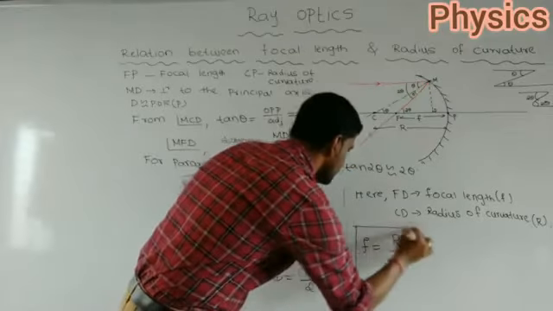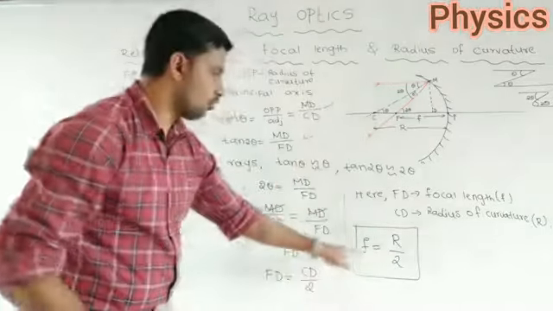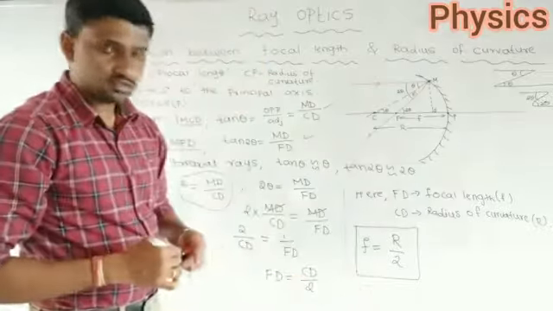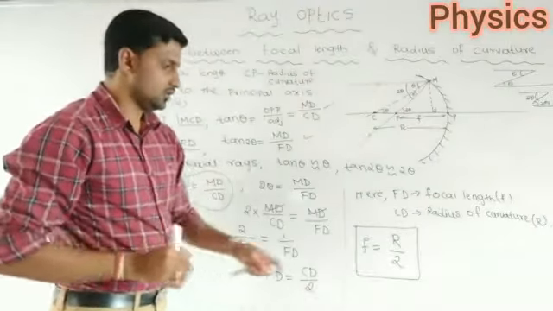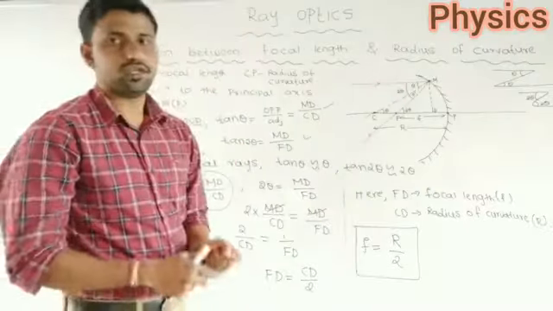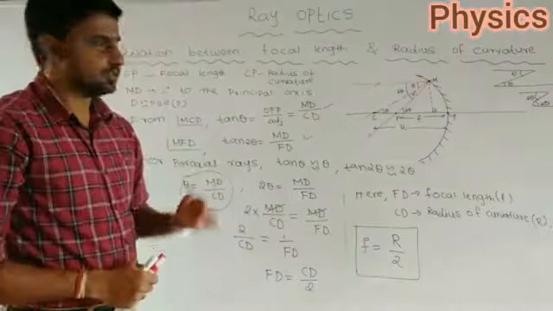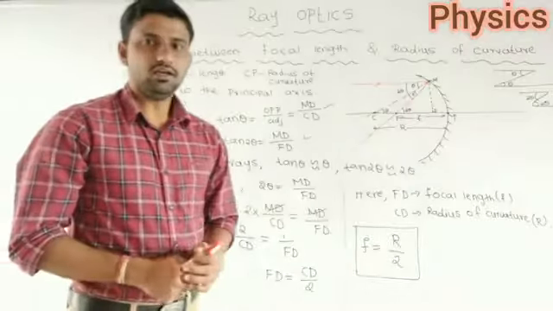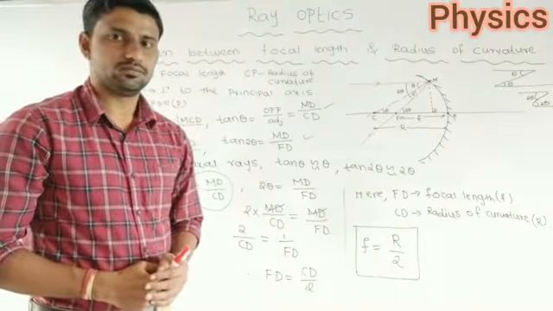So this is the relation between the focal length and radius of curvature. F is the focal length, R is the radius. A very important relation.